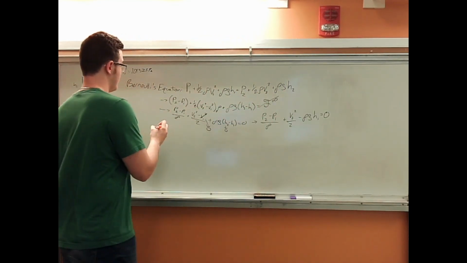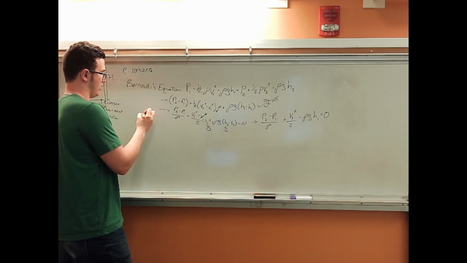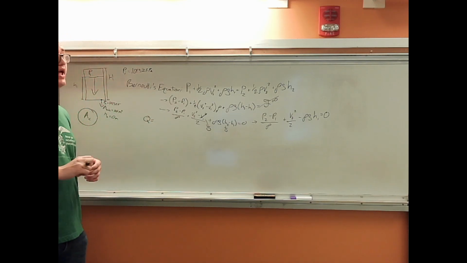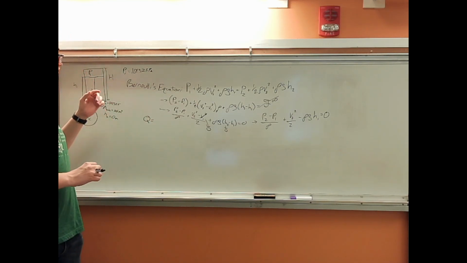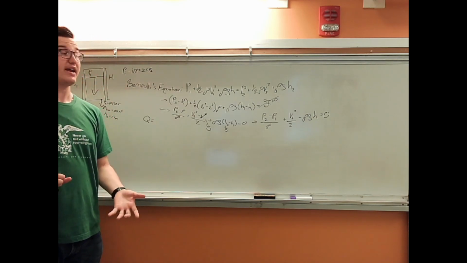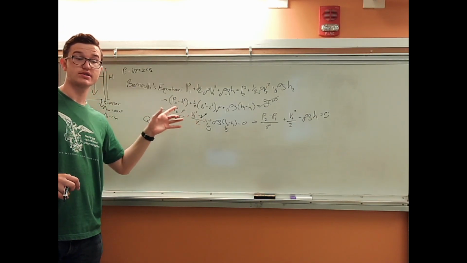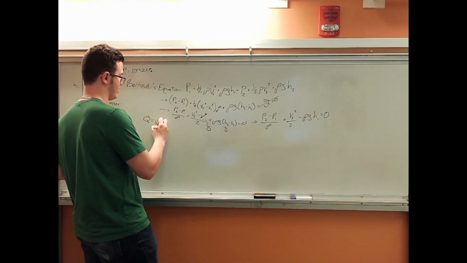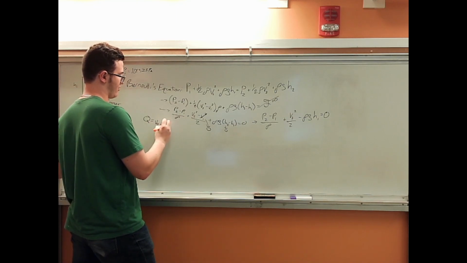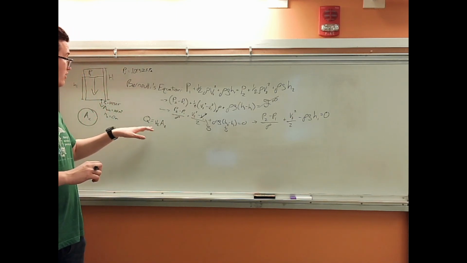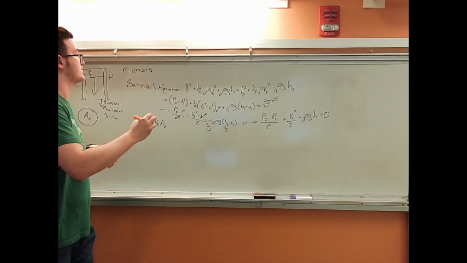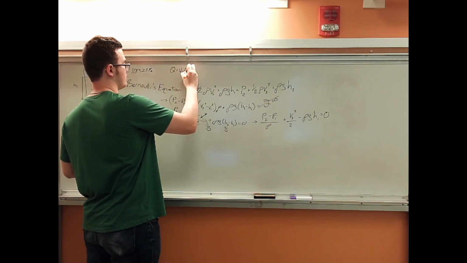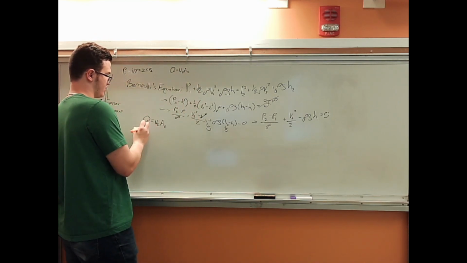So Q is equal to V1A1 or V2A2. V1 is gone, so we're going to call it V2A2. So velocity at state 2 times the area at state 2. Now, that gives us, and I'll write this up here, Q equals V2A2.